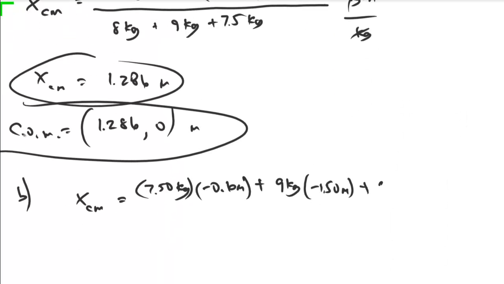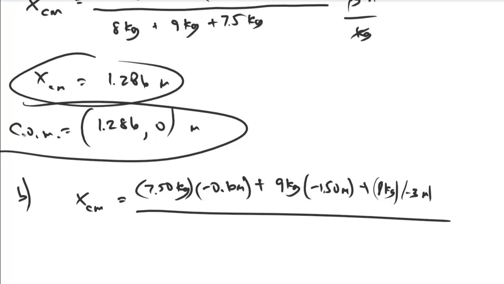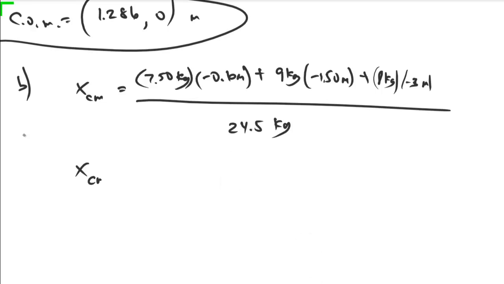So 8 kilograms at negative 3 meters, divided by our total mass again. Let's just go ahead and put the sum, 24.5 kilograms. This is exactly the same as it was before. And so the x center of mass now is negative 1.714 meters.